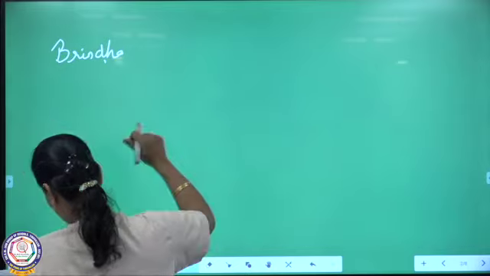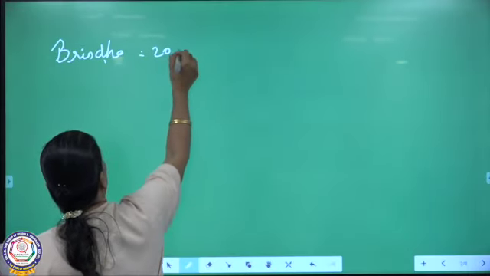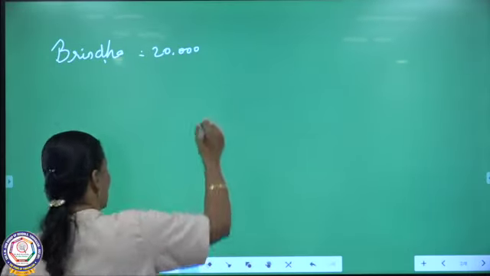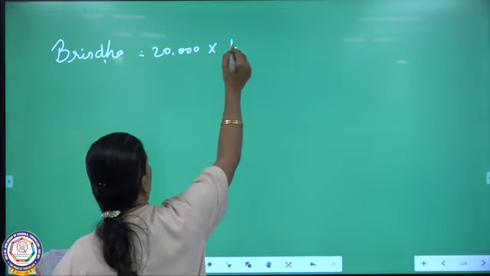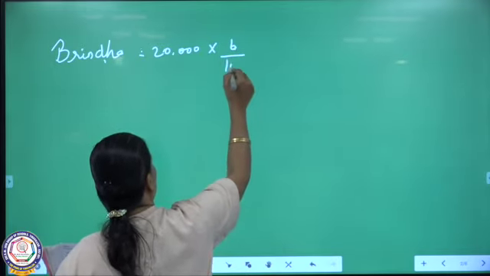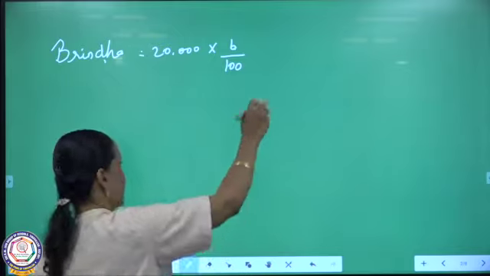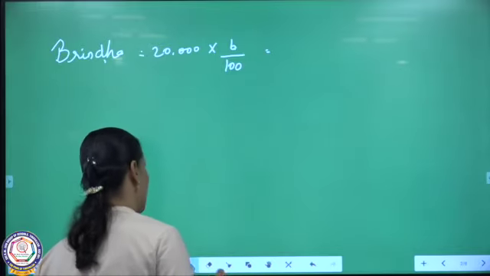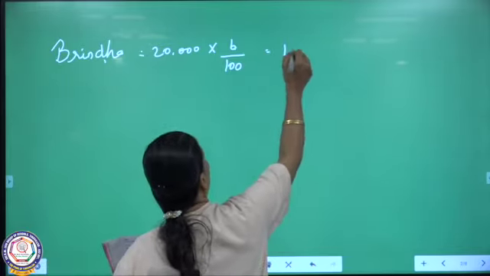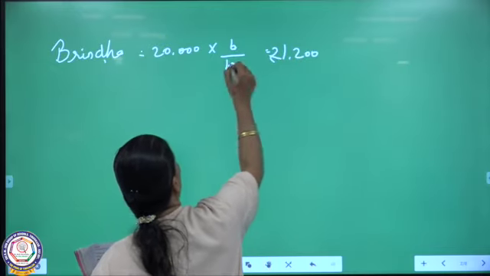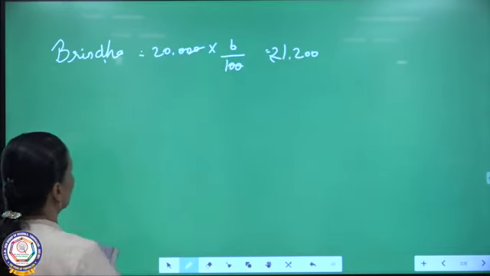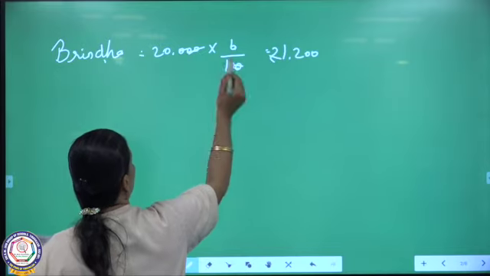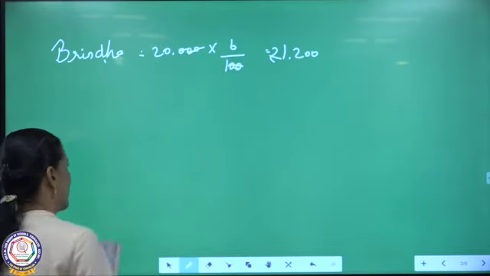So, Brinda 20,000, isn't it? And then 6% per annum they have given, no? 6%. So, 6/100. So, how much? Opening capital. So, 1,200 rupees you will be getting, okay.